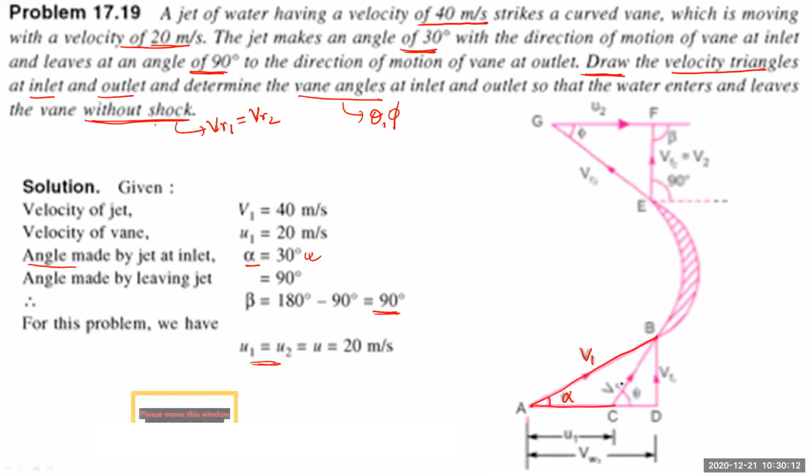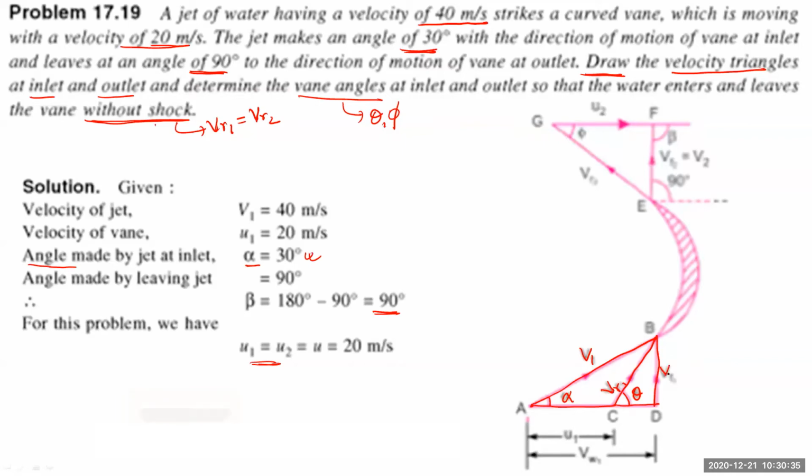So alpha is given, you write alpha. Now draw the rest of the triangle. This is your VR1, and keep in mind theta is the vane angle made by the relative velocity VR1 at the inlet. You join the vertical and horizontal line.